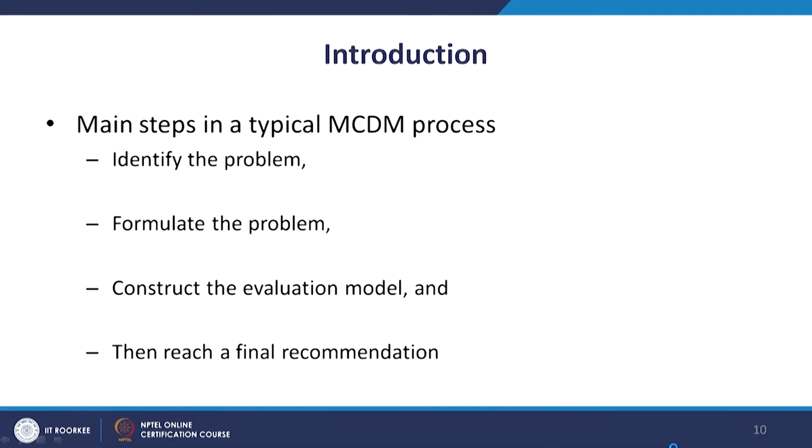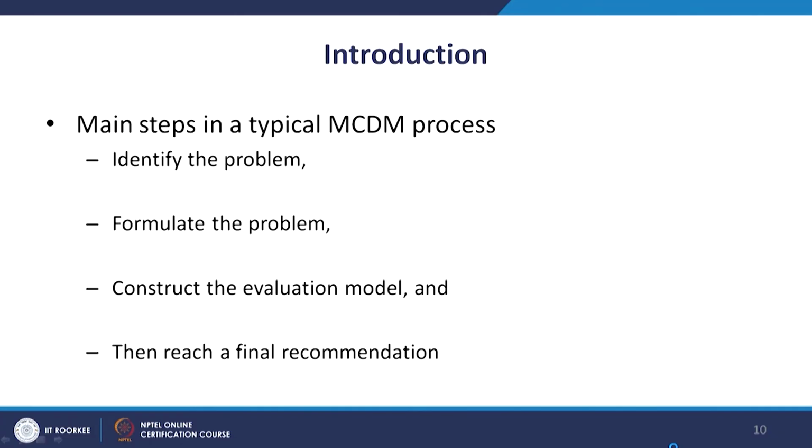Now let us understand the main steps of a typical MCDM process in a bit more detail. The first step, as we talked about, is to identify the problem. The second is to formulate the problem. So we have broken down the first step we discussed earlier into two here: identify the problem and formulate the problem.